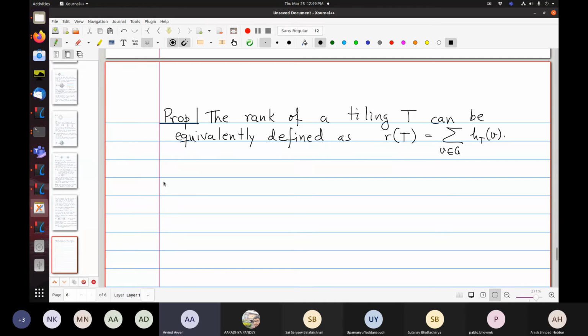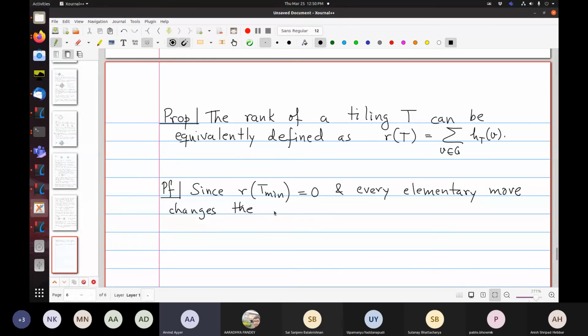Okay, so let's prove this. Okay, so since R of t min is 0, as I just said, and every elementary move changes h_t at a single vertex by plus minus 1, the rank also changes by plus minus 1.